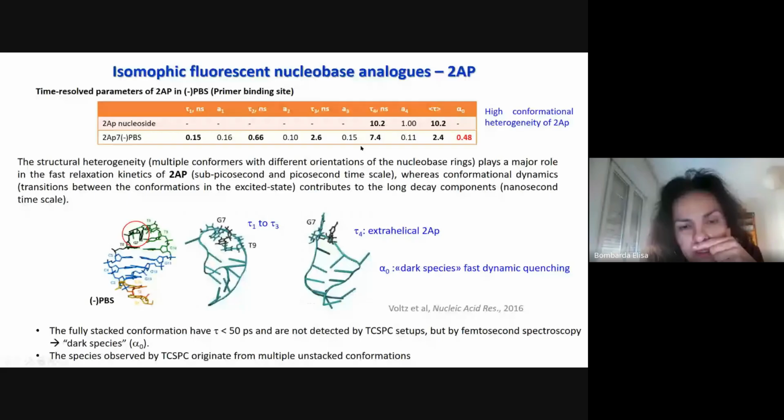So yeah, okay. So then the long lifetime is attributed to an extra-helical 2-aminopurine, since it's very similar to the lifetime of the nucleoside alone.